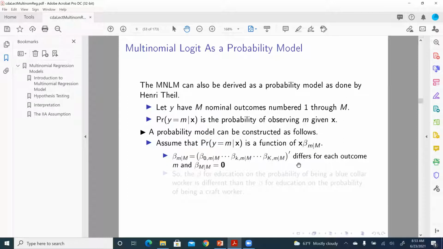And also, the regression coefficient vector, okay, is for making a choice of m, lowercase m, over this reference category M, capital letter M. Here it does not have to be the highest level, the last level.